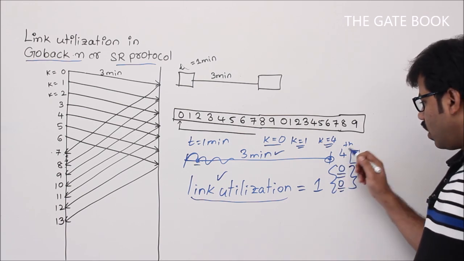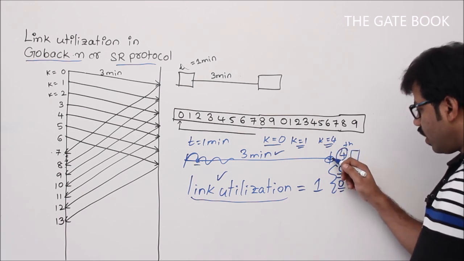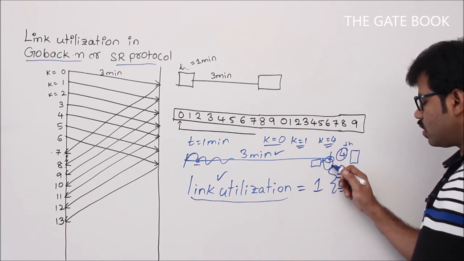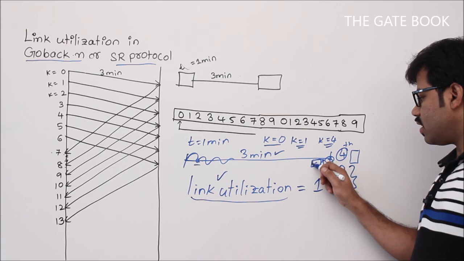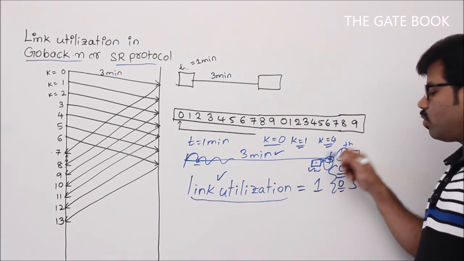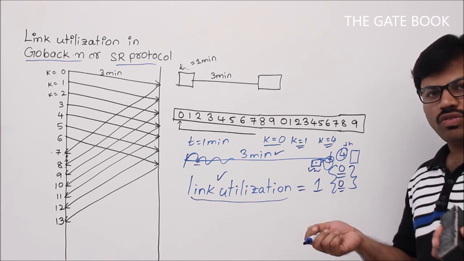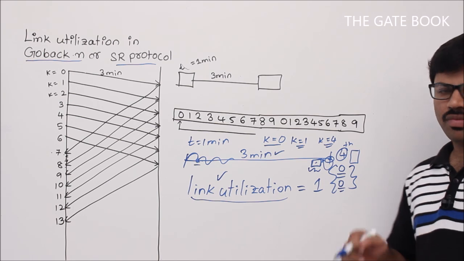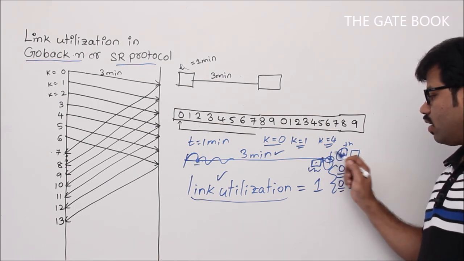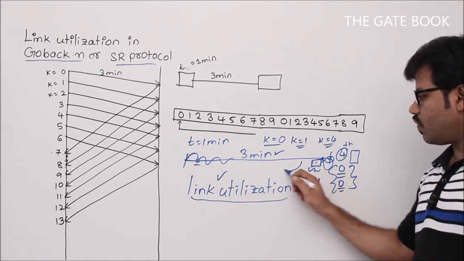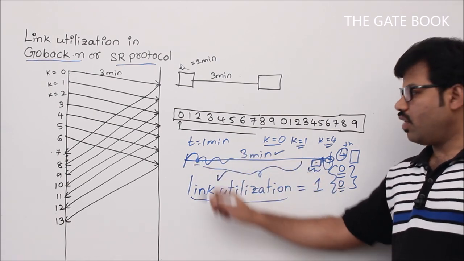That means at the 4th minute the receiver quickly sends the acknowledgement and puts it on the line. The time for the acknowledgement to come onto the line is negligible, 0. Assume that there are only 1 or 2 bits, so within 0 time they come onto the line. But this acknowledgement cannot avoid the propagation delay. That's why after 3 minutes it will reach the sender.